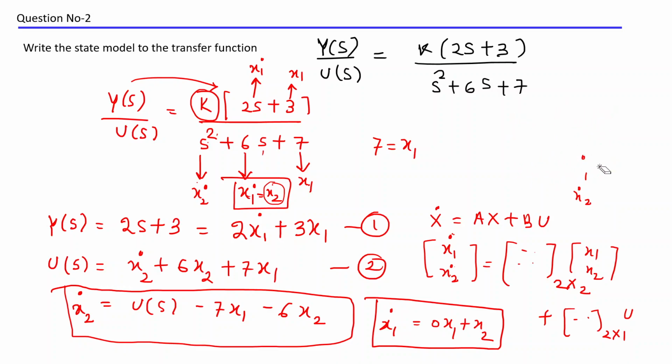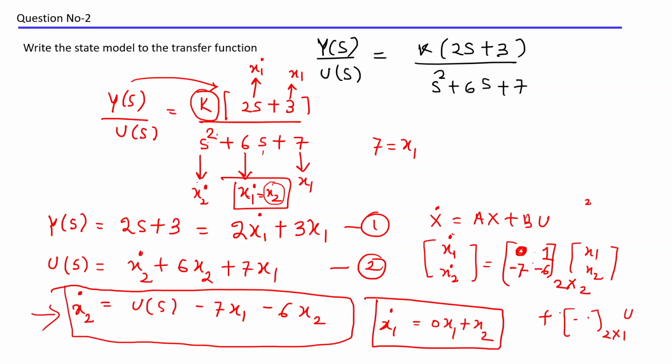This A matrix you have to fill up. So x1 star is 0x1, so the first term will be 0, and 1x2, so this will be 1. Next, x2 star equal to minus 7, write down the coefficients first, minus 7, and here minus 6.